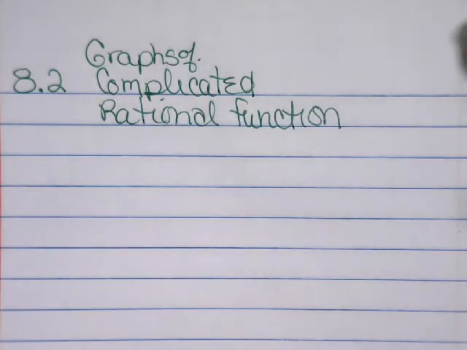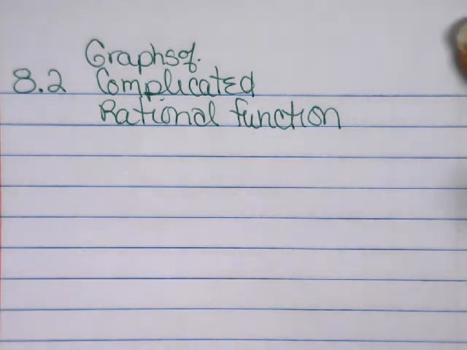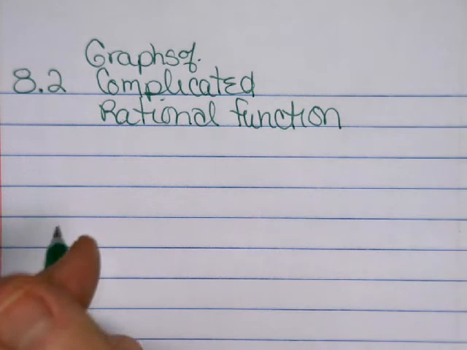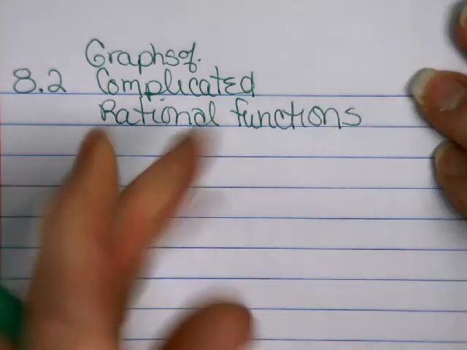Our little homework notes gave us parts of the characteristics. Now our homework is going to give us more characteristics. There's lots of characteristics about a function you can find.